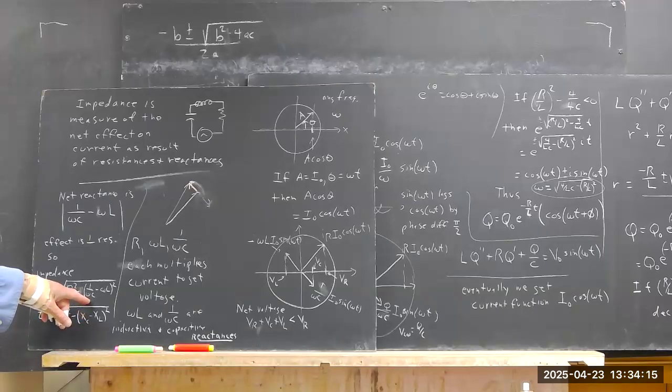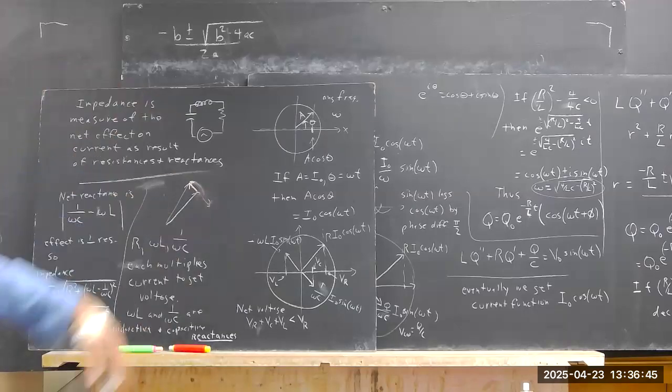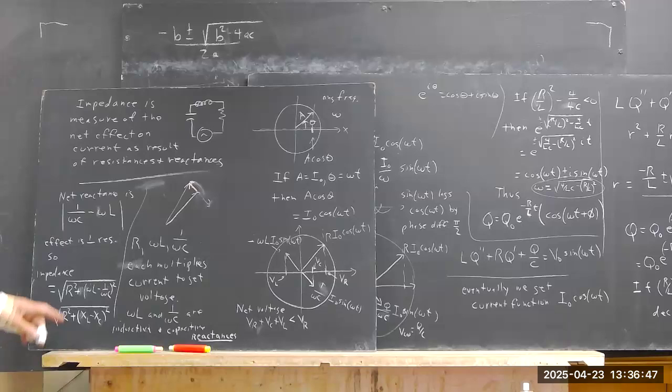X sub C is your capacitive reactance, and X sub L is your inductive reactance. I think your text might have those written in the opposite order. Okay, now I've straightened myself out. It is omega L minus 1 over omega C. And whatever prompted me to put a minus there was something I saw there and put down without thinking.